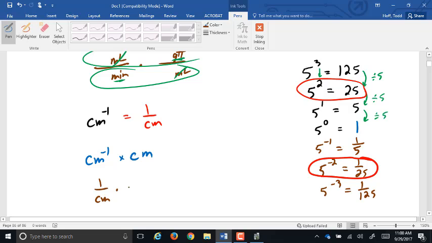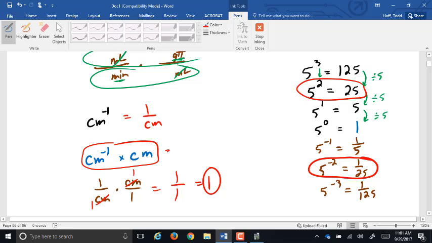Well, centimeters to negative 1 is 1 over centimeters. Regular centimeters, I can treat as centimeters over 1. I cross cancel the centimeters. You get 1 and 1. Yeah, 1 times 1 is 1 over 1 times 1 is 1. So it's just 1. Everything cancels out. So centimeters to the negative 1 times centimeters is 1.